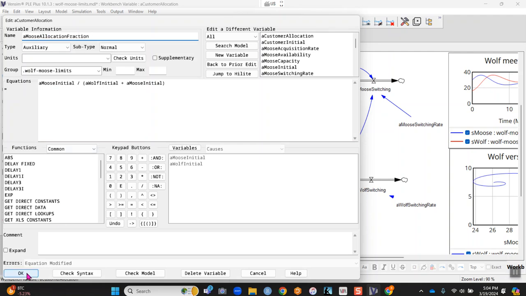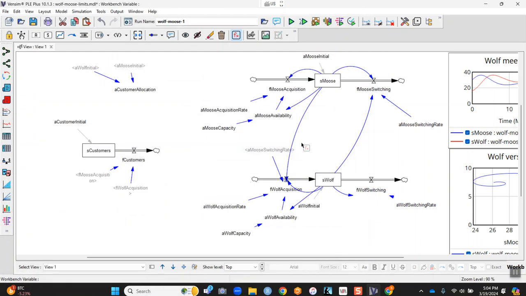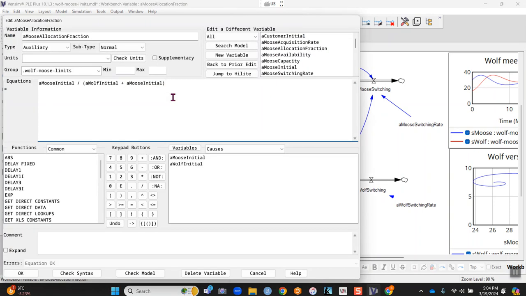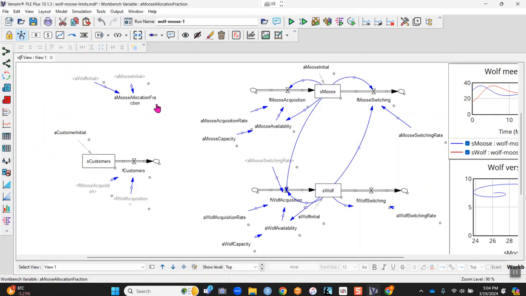There we go. Now it's better documented too. And yes, we do want to do that there. And there we go. You see it does it properly. Good. And now let's also make this a little bit easier to read.